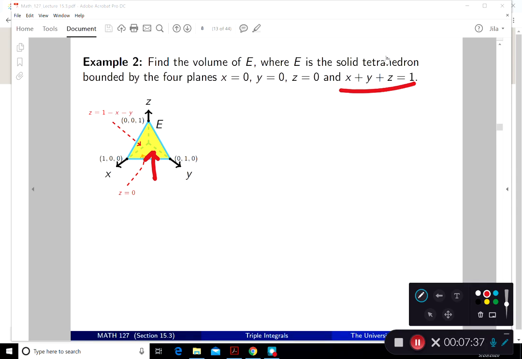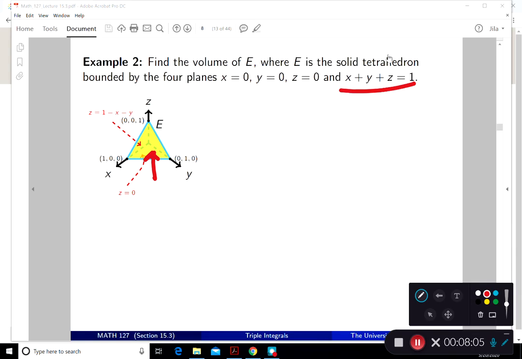I'm trying to figure out which way is simple, and my first instinct is usually to go with z, and it turns out the solid is actually z simple. The lower surface is z equal to 0, and the upper surface is x plus y plus z equal to 1.